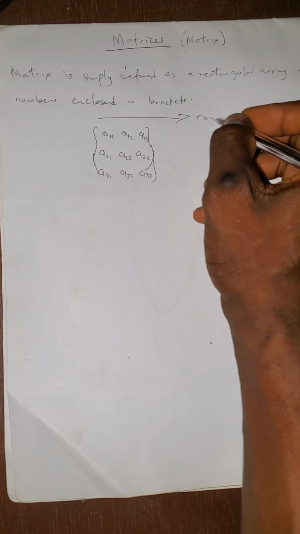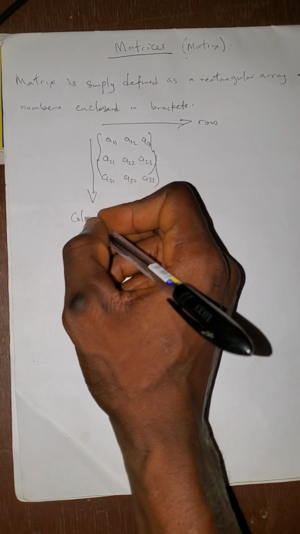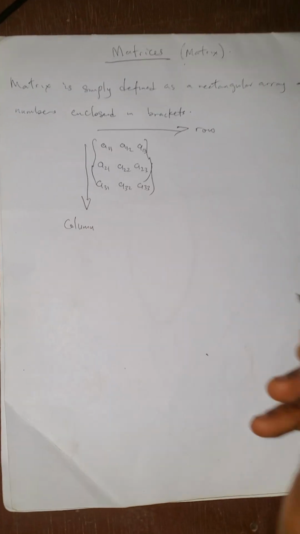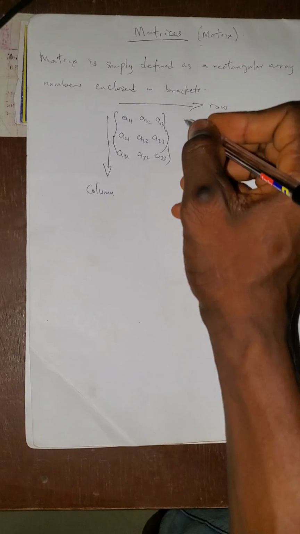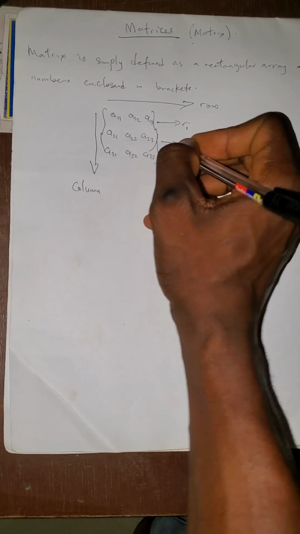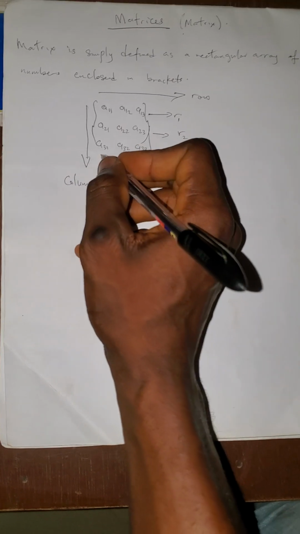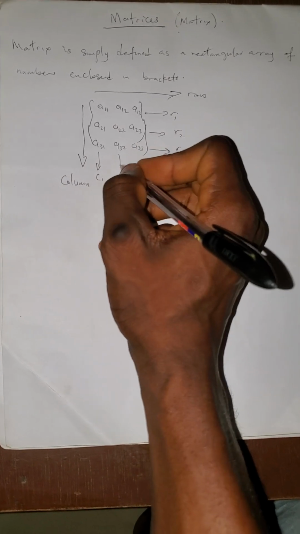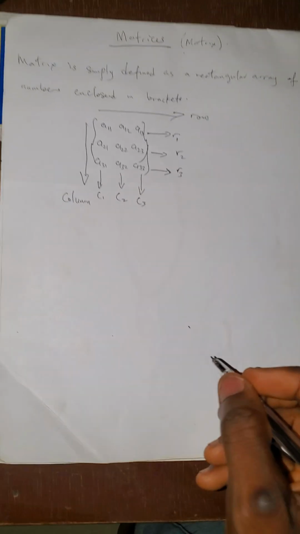Anything that goes like this is a row, and this is a column. This first one is row 1, this one is row 2, and this is row 3. This is column 1, this is column 2, and this is column 3.